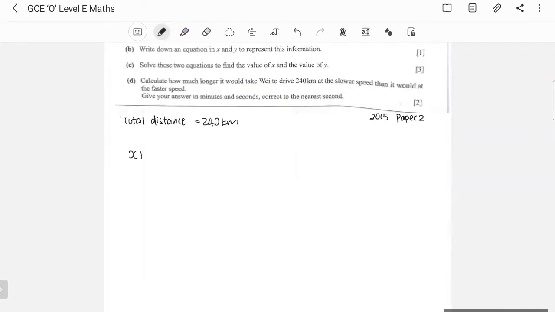So we take x km per hour and multiply by the time. The time taken is 2 hours and 40 minutes. What am I trying to do here? I'm trying to convert it into hours because the speed is in terms of hours. Then I add y km per hour multiplied by 1 hour and 20 minutes.